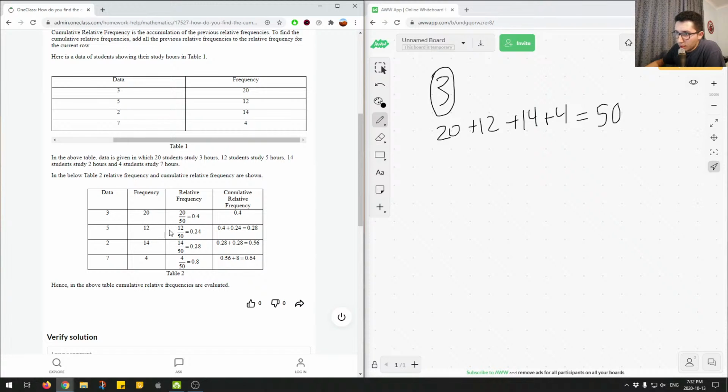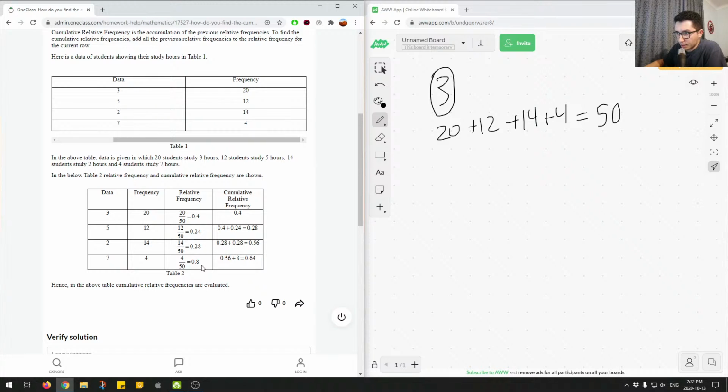Moving onward, we do the same thing for the second row, and then the cumulative relative frequency here is a little different because we have to take the previous one and add it to the current one. So we add these two and we get the cumulative. And then the next row, we take essentially all 3 rows and add them up, or we take the solution from the second row and add it to the relative frequency of the third row.